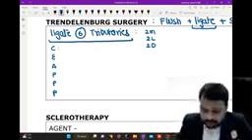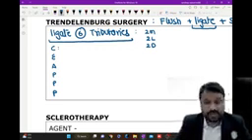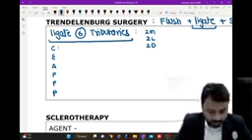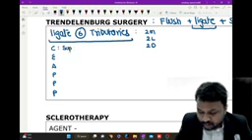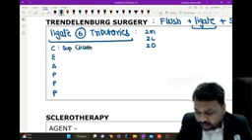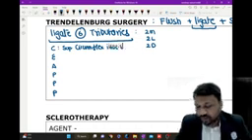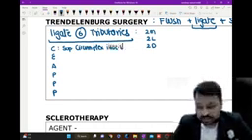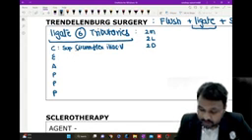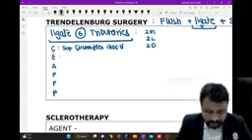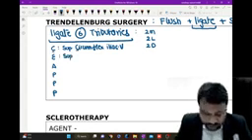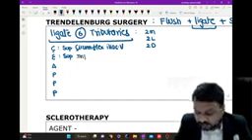C stands for the superficial circumflex iliac vein. E stands for the superficial inferior epigastric vein.